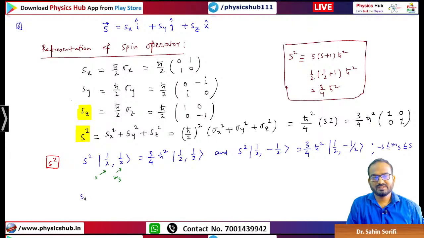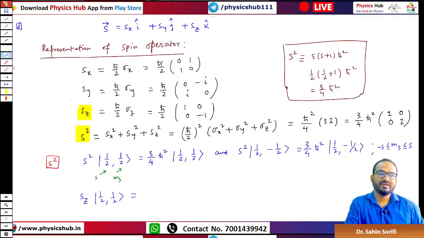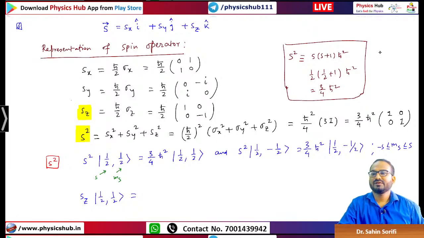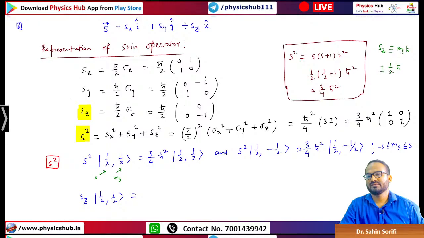In a similar fashion, if you write the relation for Sz acting on |half half>, let me know what will be the value of it. The way S square is behaving, Sz will behave like this: ms h cut, right? So it is half h cut actually, plus or minus half h cut.